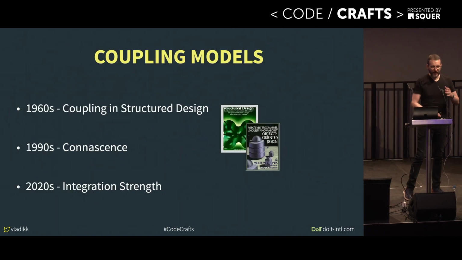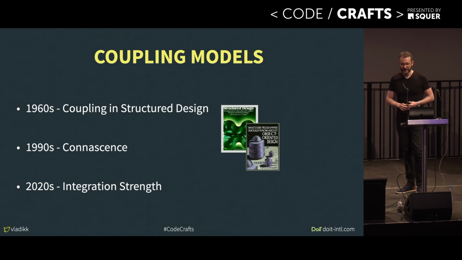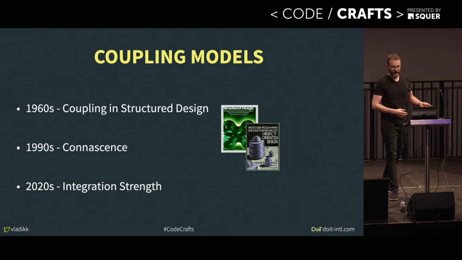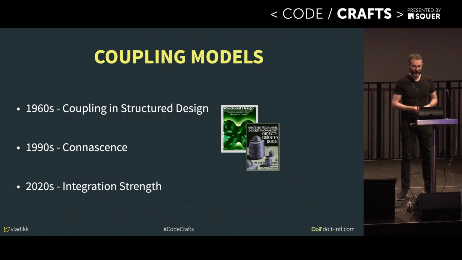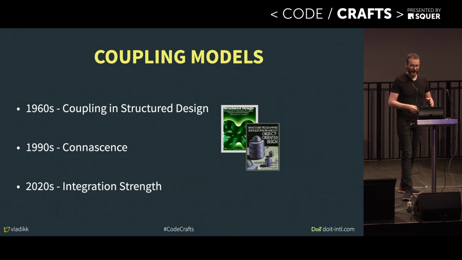Okay, so there are some blind spots in both models. Since structured design they started working on in the late 60s, and connaissance in the 90s, we have this cadence of 30 years to start thinking about a different model for evaluating coupling. So I want to show you a model that I call integration strength. I have used it for quite some time now, and for me it worked really well.